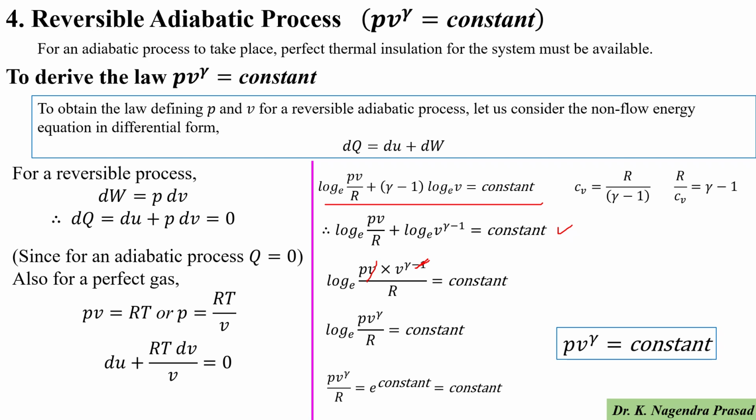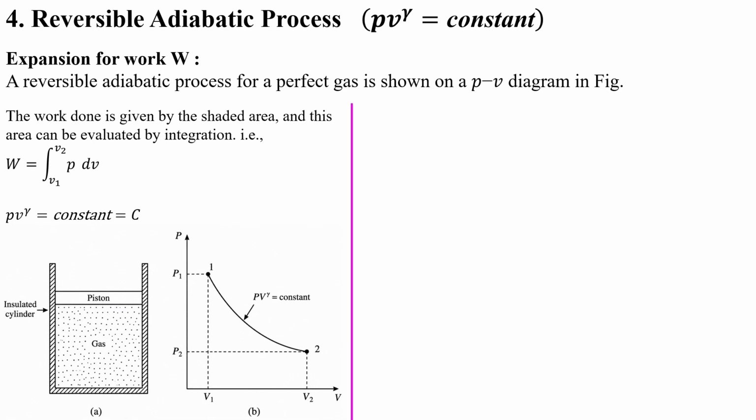So in the reversible adiabatic process, we follow the law PV power gamma equal to the constant. Next we have to look for the expression for work W in the reversible adiabatic process. A reversible adiabatic process for a perfect gas is shown on a PV diagram in the figure.